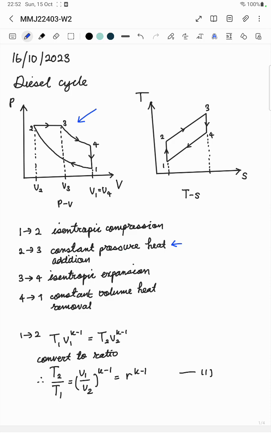So that is why the heat addition here will give you a flat line for the pressure, and the heat removal step or process is the same as in Otto cycle.